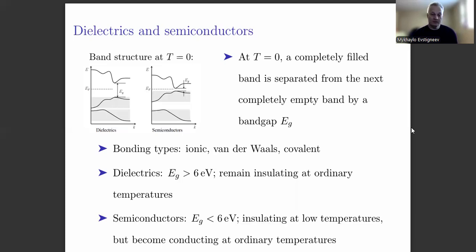If the band gap is below 6 electron volts, then the material is a semiconductor, even though the boundary between the two types of materials is a little bit diffuse. For example, the band gap of diamond is 5.5 electron volts, so close to 6. And sometimes it behaves like a dielectric and sometimes as a semiconductor.